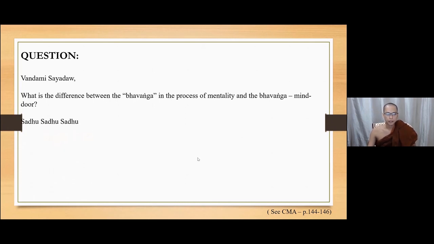All the bhavanga, we can say they are the mentalities, because bhavanga is one of the 19 consciousness. So this is already mentality. So that is in the process of mentality, but it is not in the cognitive process. It is out of the cognitive process.